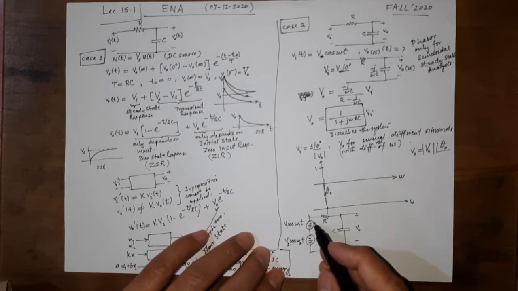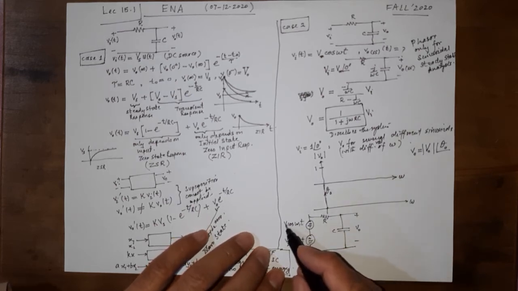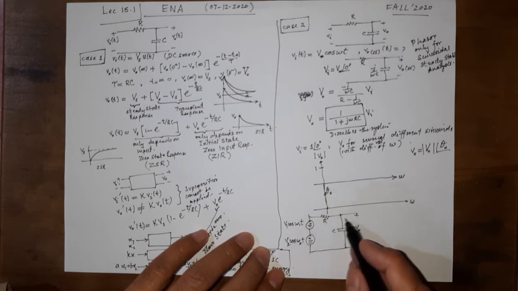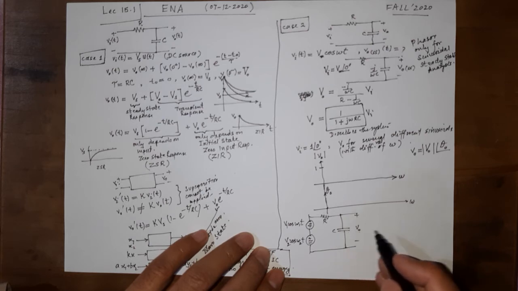Now we have a circuit with two voltage sources, both with different amplitudes and different frequencies. We cannot solve this in one go in a circuit except by using superposition.